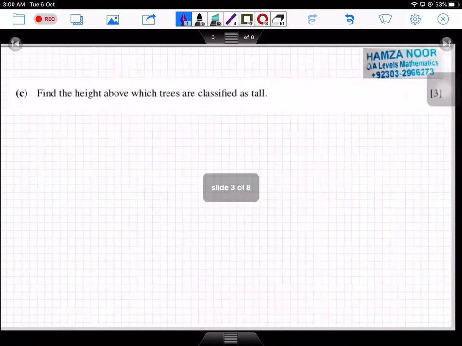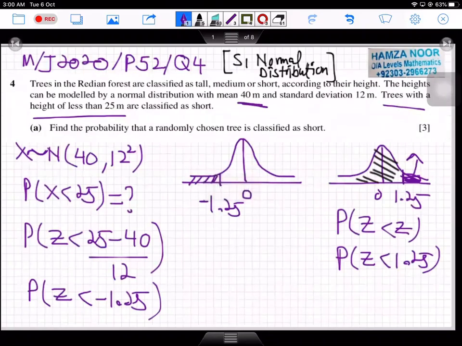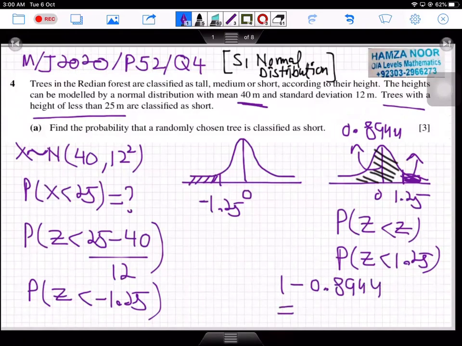So this area is 0.8944. So I will subtract it from 1. 1 minus 0.8944, and therefore my final answer would be 0.1056, and correct to three significant figures you will write it 0.106. Alright, this is how part A is done.